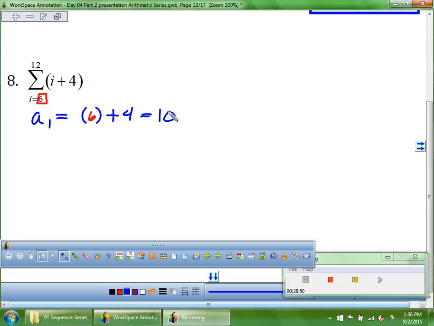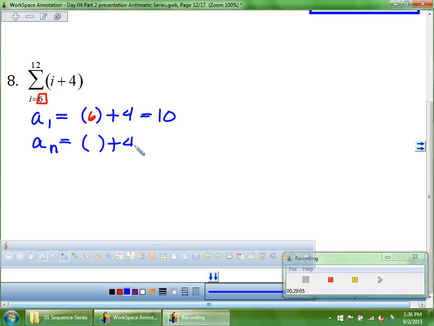So A sub 1 is 10. A sub n, why did I say i? Thank you. A sub n is going to be when I substitute in the last number, which is 12. Twelve plus 4 is 16.